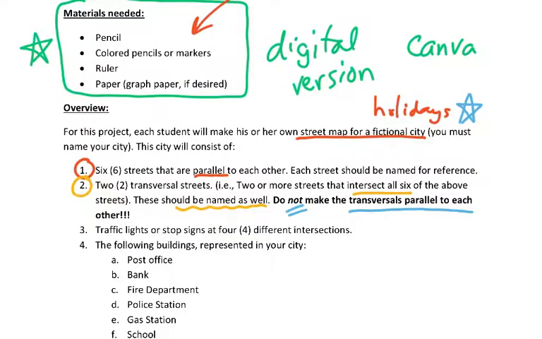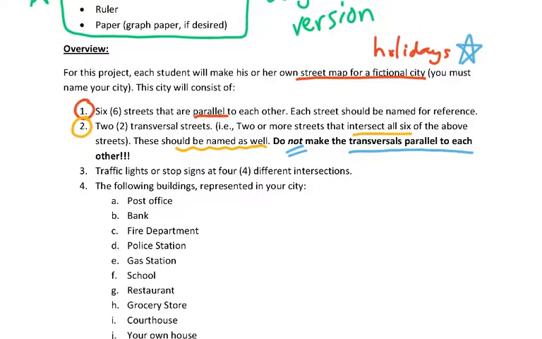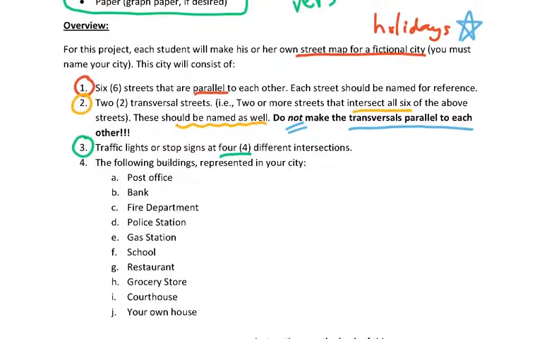All right, a couple things to add to make this a beautiful and creative street map. Why don't we add either traffic lights or stop signs or both at any 4 of the intersections that you make with your streets. You can draw beautiful little traffic lights or insert them as little clip art, whatever you like to be creative. Stop signs and/or traffic lights at any 4 different intersections. And then here's the fun part.